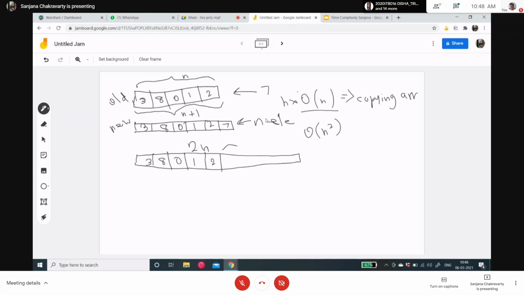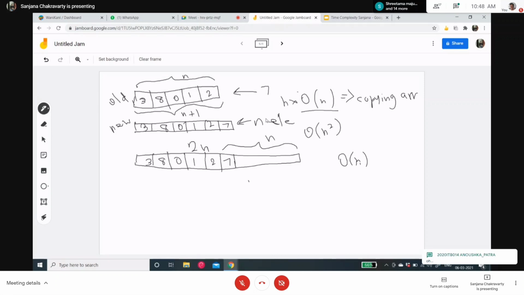And now we have n spots free. So if I'm making one insertion, I can just easily append it here. For making one insertion, what is the time complexity of my operations? When I am making a new array of size 2n, I am making one insertion. My time complexity is O of n because I'm copying the entire array once.